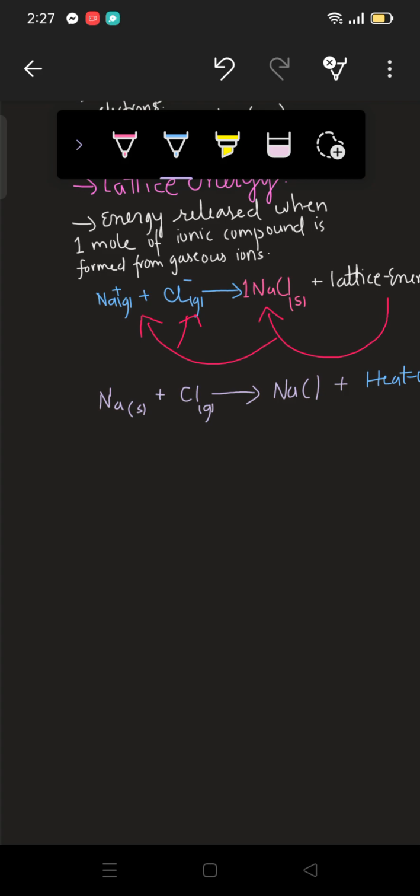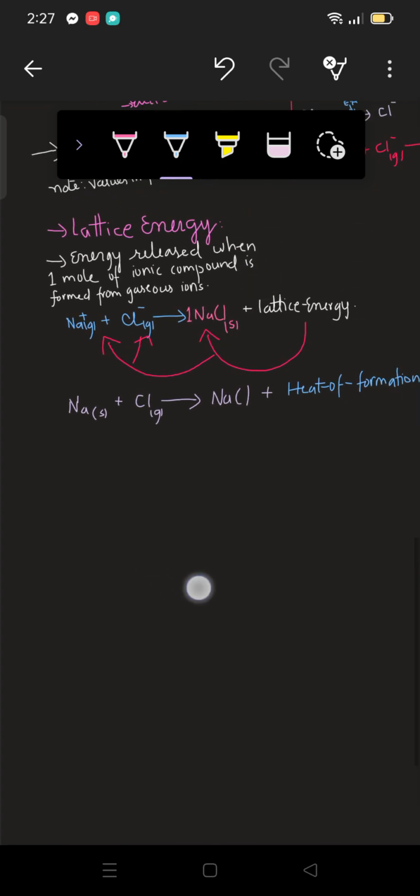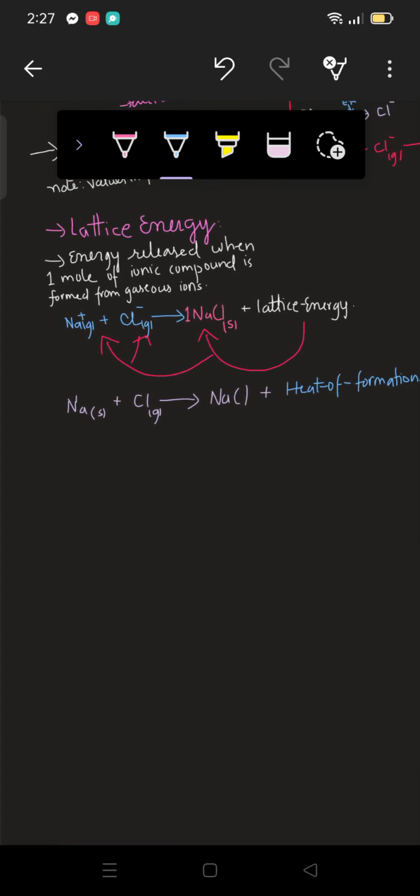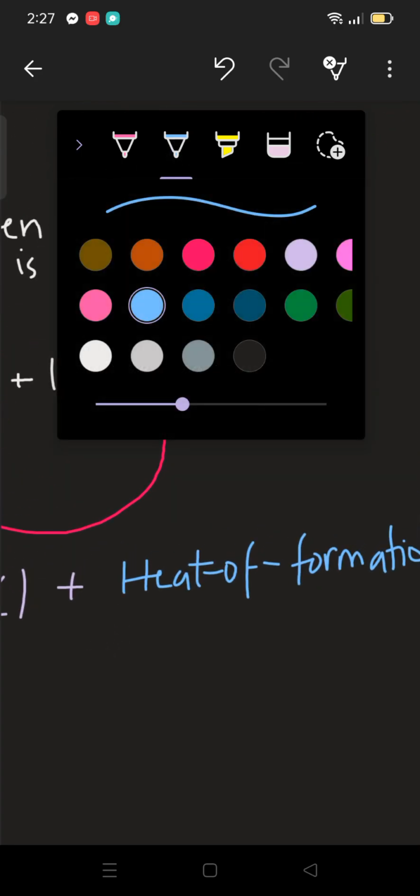If the reactants are first converted into the gaseous state, and then those gaseous ions react together, 1 mole of ionic compound is produced, and the energy which is produced with it is what we call the lattice energy. Now how do we find the lattice energy? For that we need to understand the Born-Haber cycle, right?